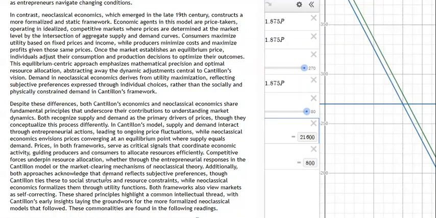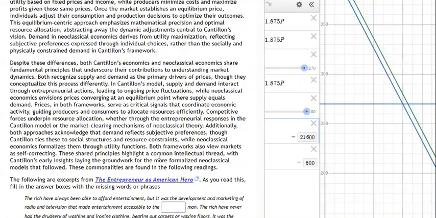Additionally, both approaches acknowledge that demand reflects subjective preferences, though Cantillon ties these to social structures and resource constraints, while neoclassical economics formalizes them through utility functions. Both frameworks also view markets as self-correcting. These shared principles highlight a common intellectual thread, with Cantillon's early insights laying the groundwork for the more formalized neoclassical models that followed. These commonalities are found in the following readings.